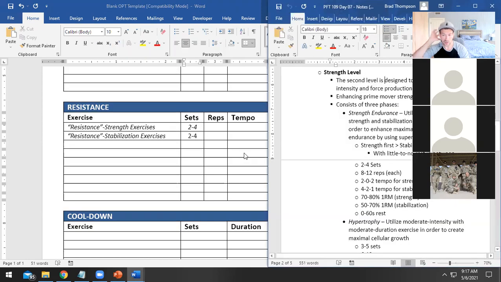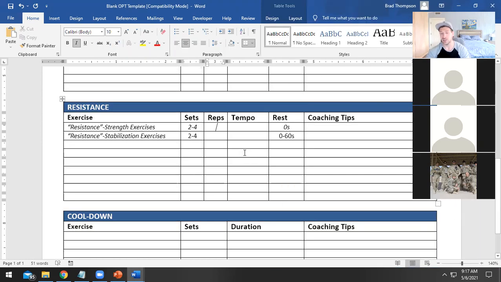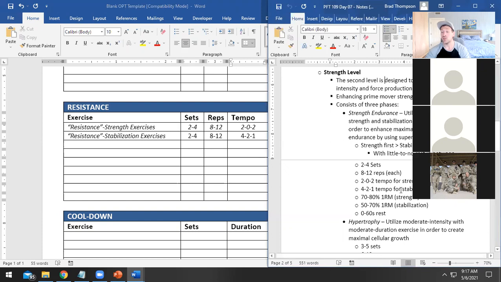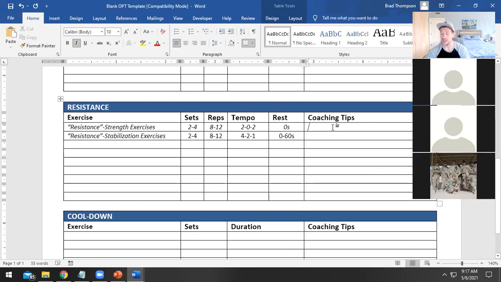Your repetitions are going to be 8 to 12 each. Your tempo is going to be 2-0-2 for your strength movement, but it's 4-2-1 for your stabilization movement. And then we are going to do 70 to 80% 1 RM for your strength exercise, and then we're going to go back to that 50 to 70% 1 RM for your stabilization.